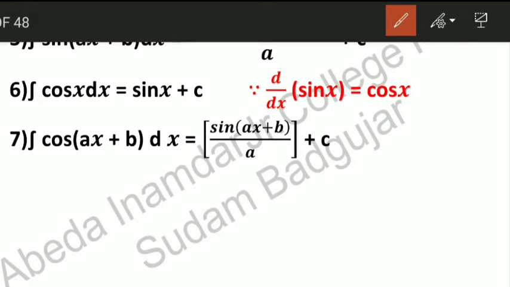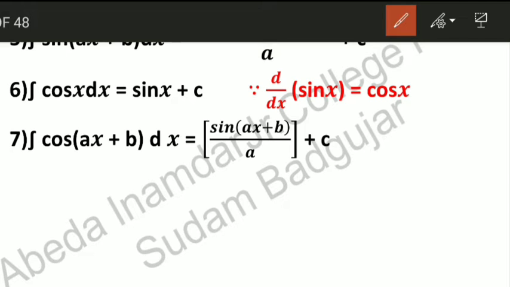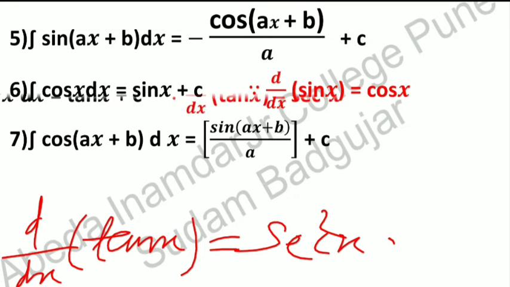Okay. Now, see, we have the derivative of sin x and the derivative of cos x. The next one is the derivative of tan x. What is the derivative of tan x? Sec square x. So, by the definition of integration, the integration of sec square x is tan x.